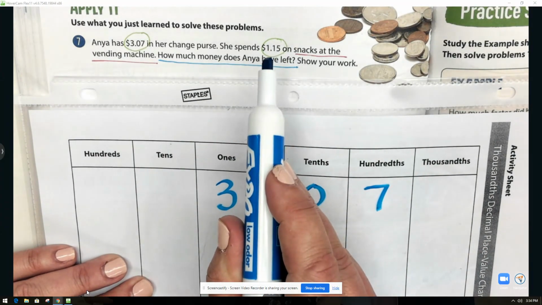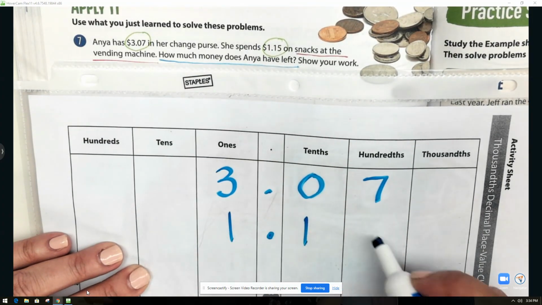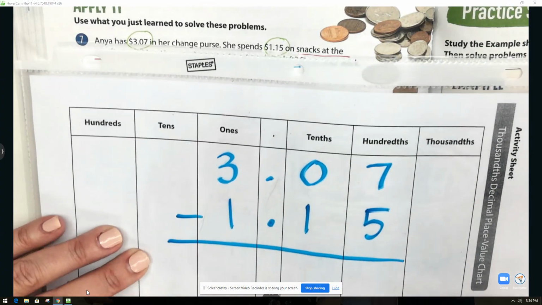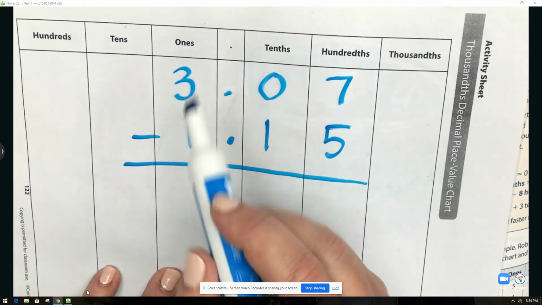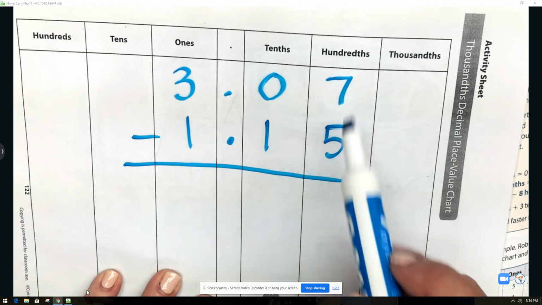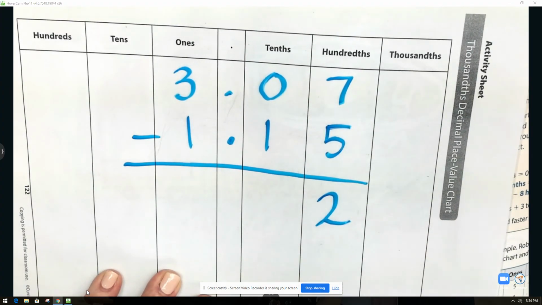Then we're going to see how much she spent. She spent $1.15. And then we're going to subtract. Since we're using a place value chart, everything stays lined up perfectly, and so we can go ahead and subtract. We have 7 hundredths minus 5 hundredths is 2 hundredths.